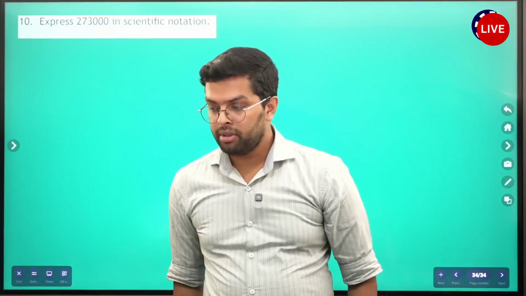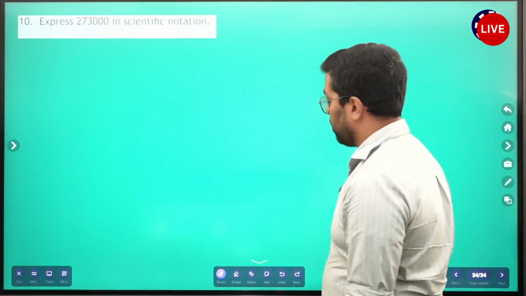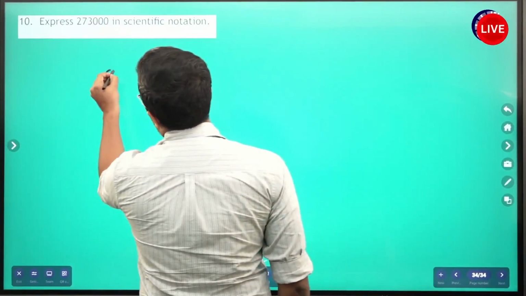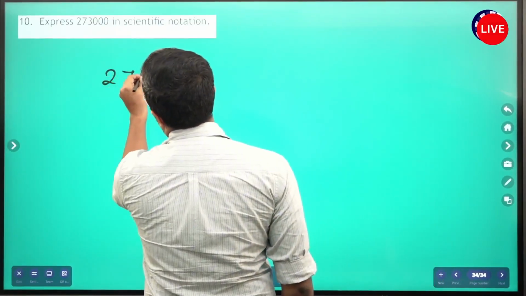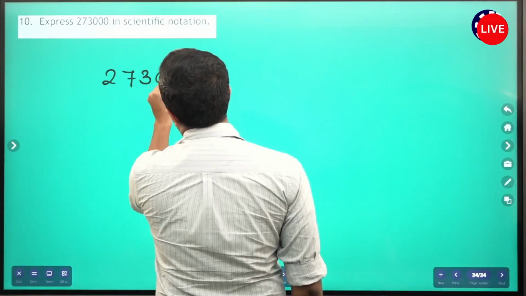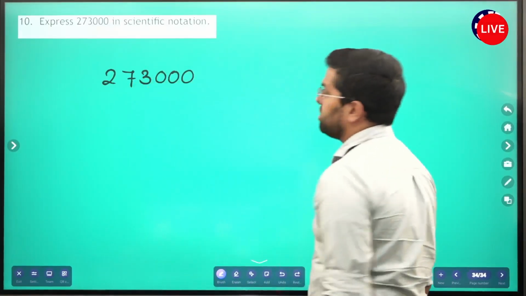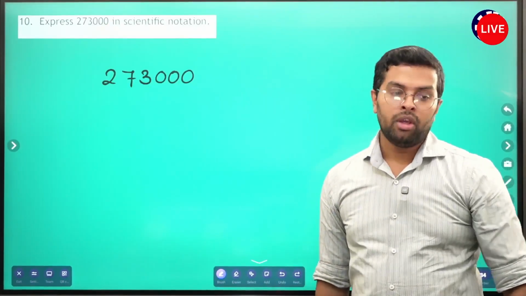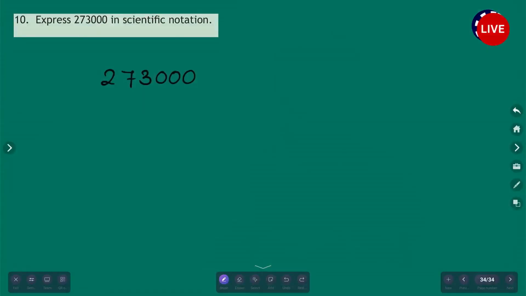Question number 10. From the lesson scientific notation, we have been given a question: 273,000. Write this number in scientific notation. Now when it comes to the lesson scientific notation, there are two things that we need to give attention to.